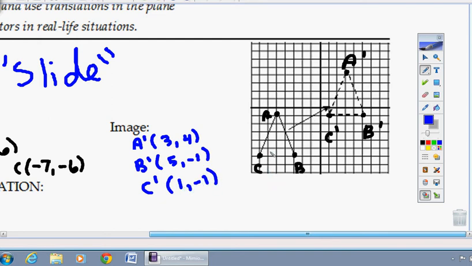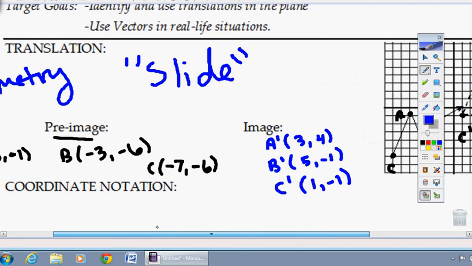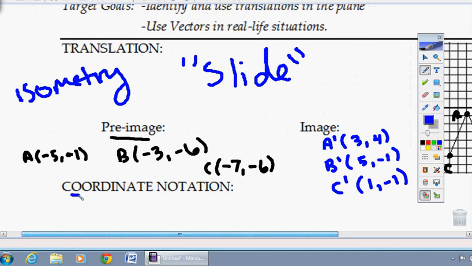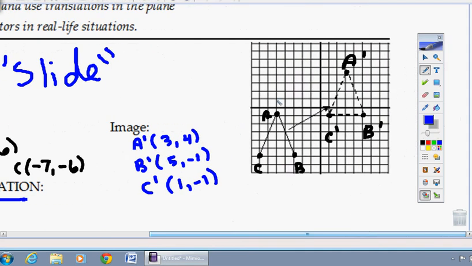So again, when we think about writing translations in what we call coordinate notation, we have to think about how we get from vertex A to A prime, from B to B prime, and from C to C prime. And really, it should all be the same. Just like we got from A to A prime by going right 8, up 5, we should be able to do the same thing from B to B prime.